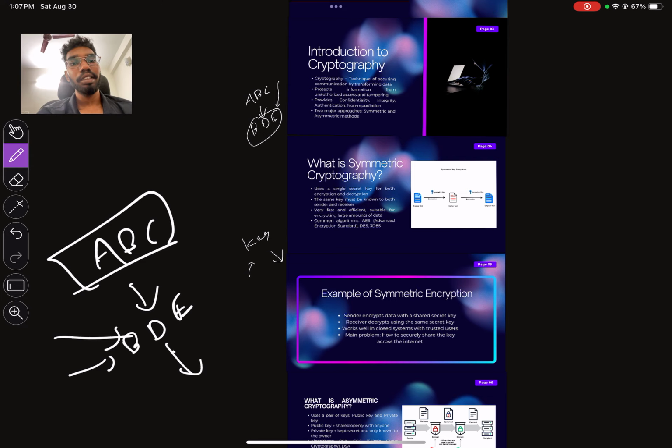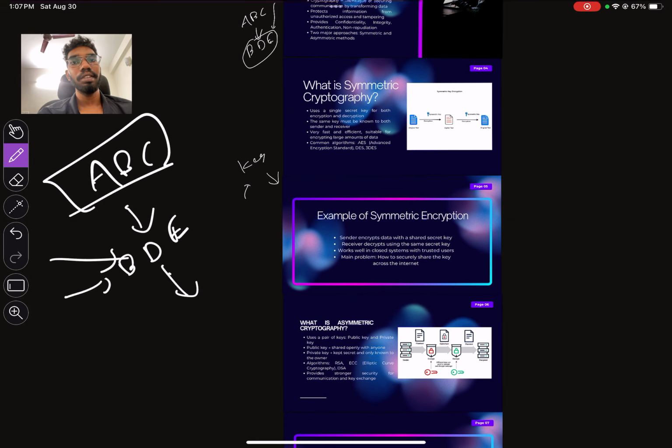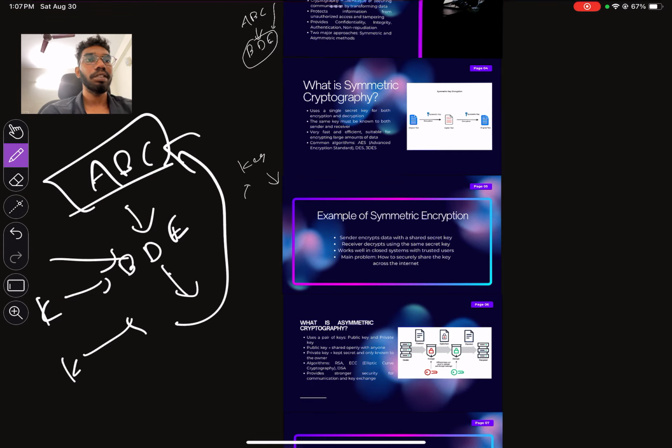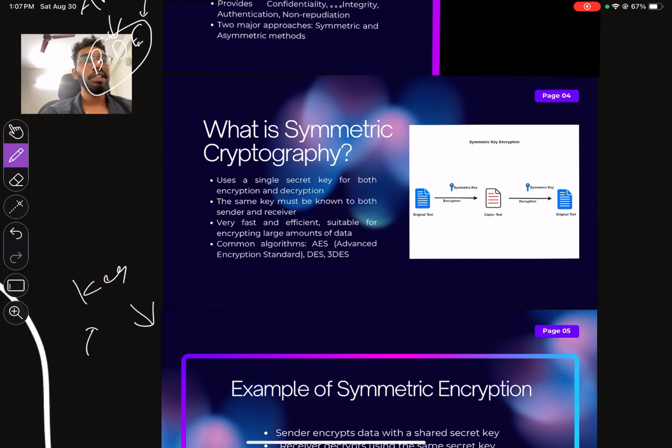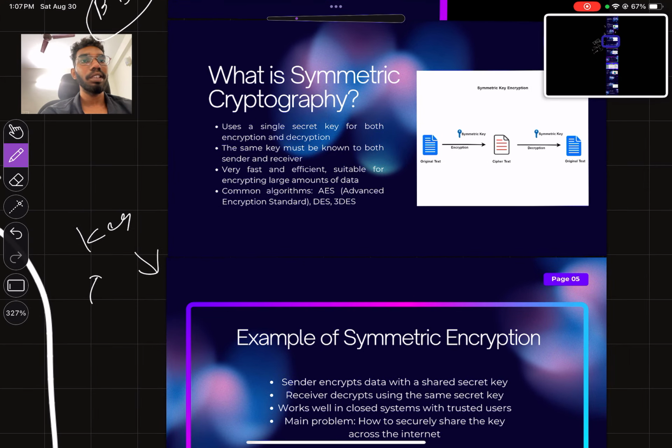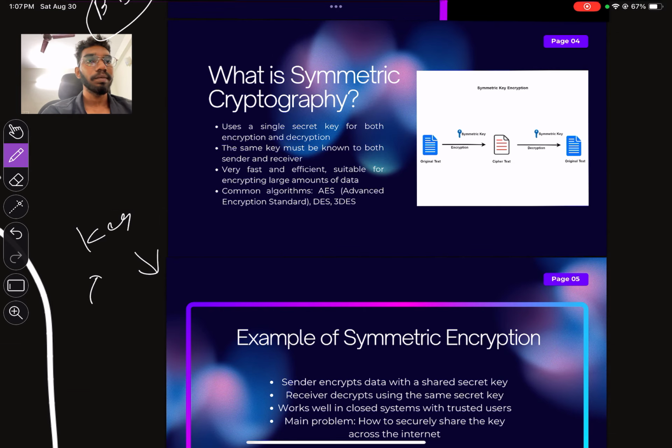When it is sent and the receiver receives it, they'll use the same key that was used here to decrypt it and get back the original. So that is basically what symmetric cryptography is. It uses the same secret key for both encryption and decryption.